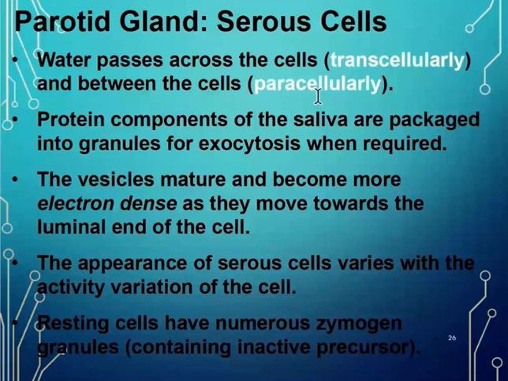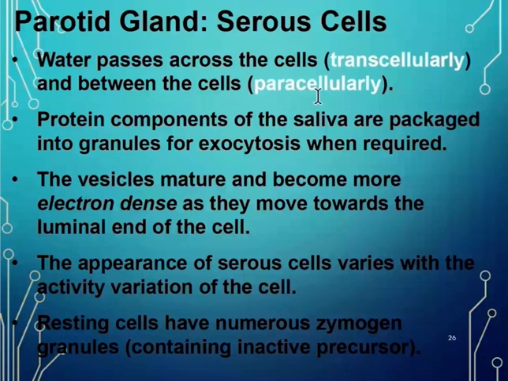We have protein-rich, or proteinaceous, components. They are packaged in granules for release into the luminal system by means of exocytosis, to the luminal surface of the cell. For this reason, you see that the cells are highly polarized.